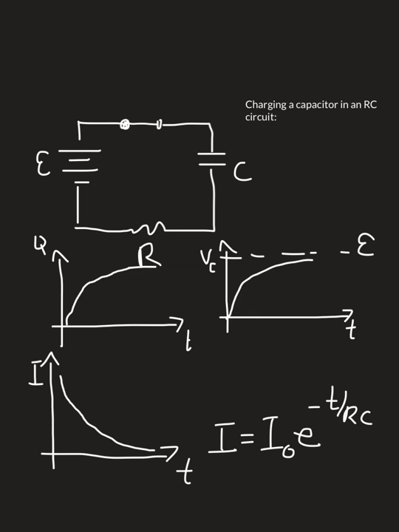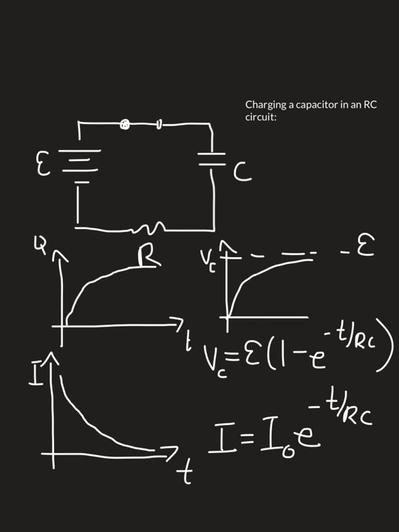This is different from the voltage. The voltage has a different relationship, and that's going to show up mathematically in its equation. The equation for the voltage across the capacitor equals the EMF of the battery times this quantity of 1 minus e to the negative t over RC.